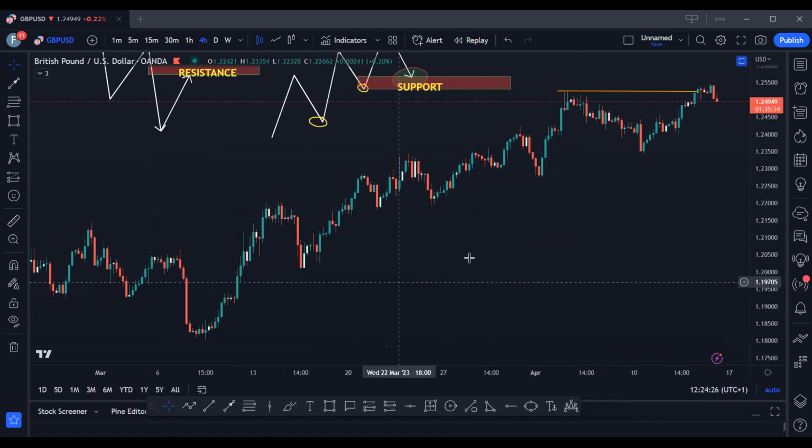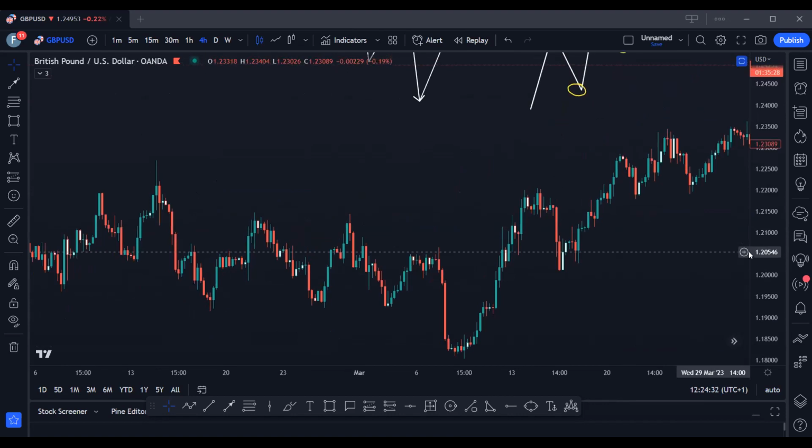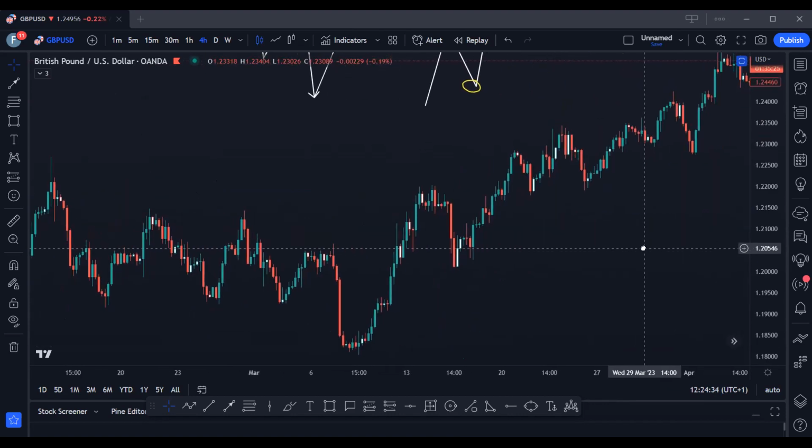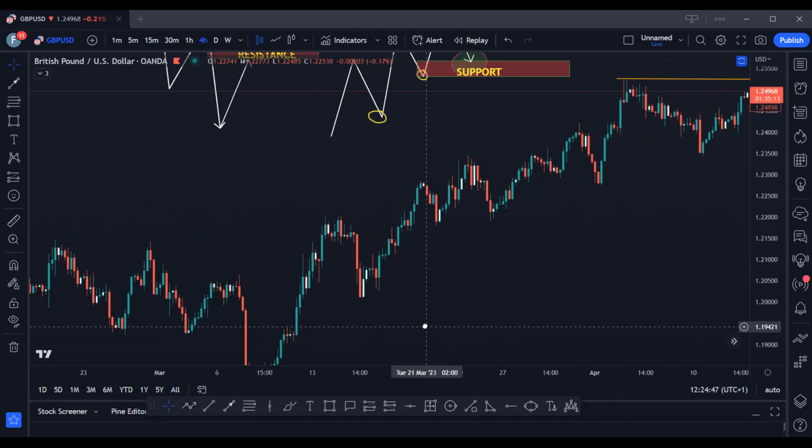Now let's see how all of these play out in the market. Very swiftly, we can see this. Let me find an ideal scenario for us. Let's see what's going on right in front of us.